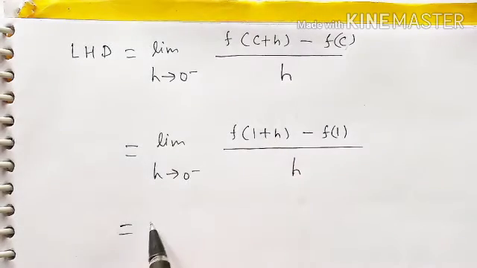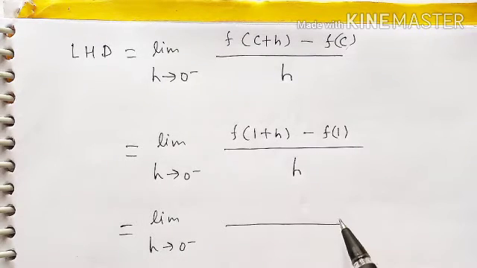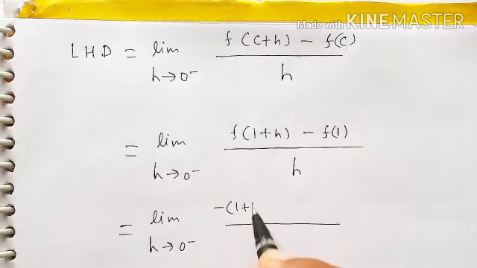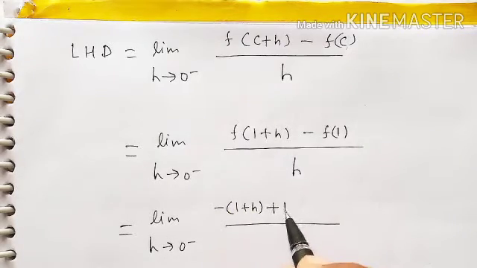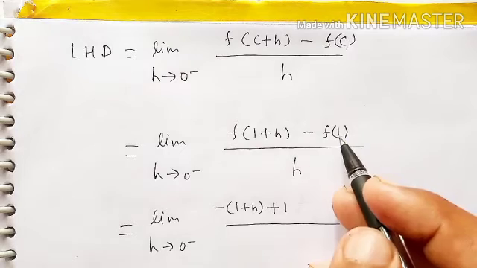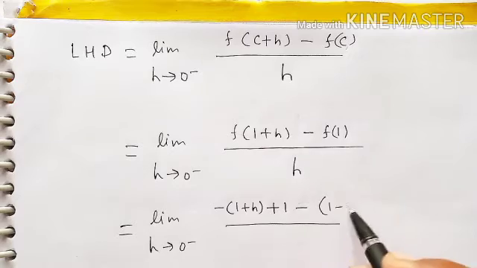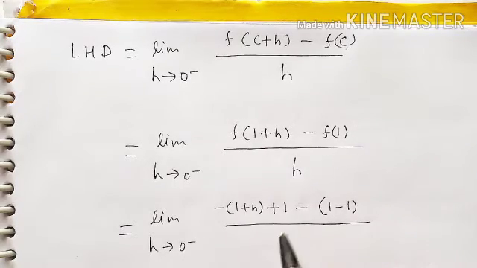Then we take −x + 1. And f(1) is x − 1, so 1 − 1.